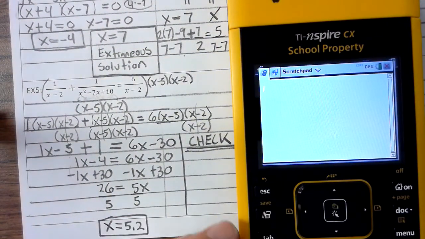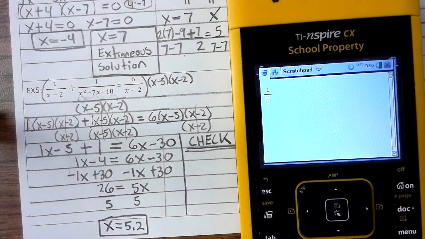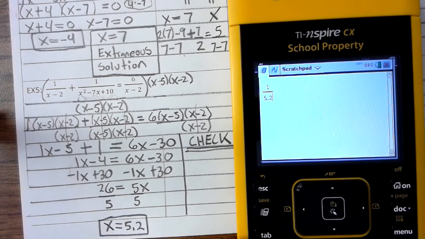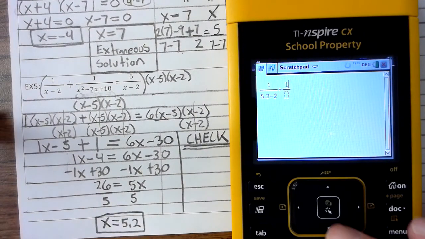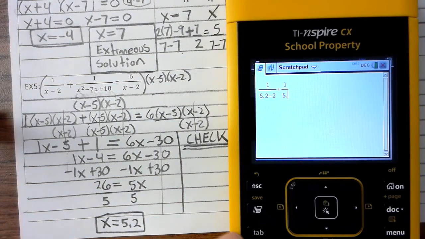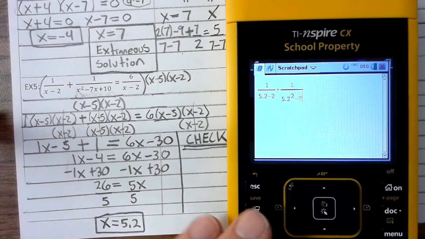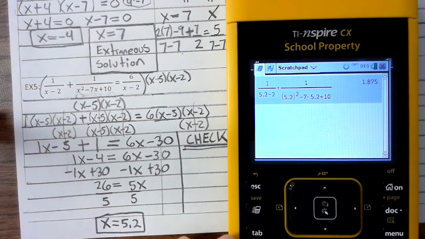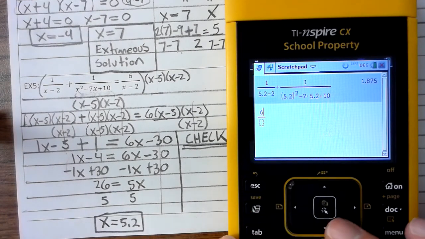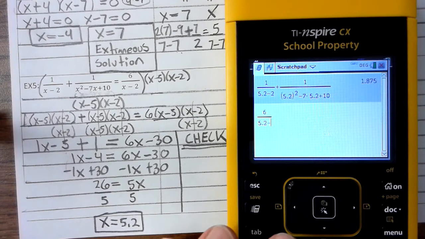So I'm going to do control divide 1 divided by 5.2 minus 2, plus control divide 1 divided by 5.2 squared minus 7 times 5.2 plus 10, equals, well, press enter, and then control divide 6 divided by 5.2 minus 2, and you can see that the left side equals the right side, so it checks.